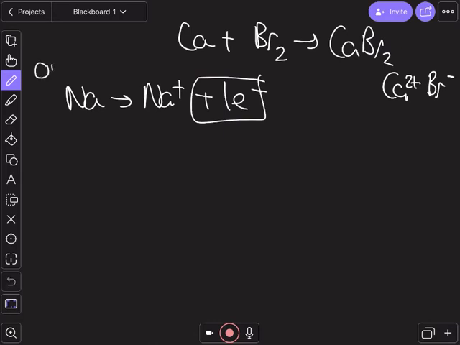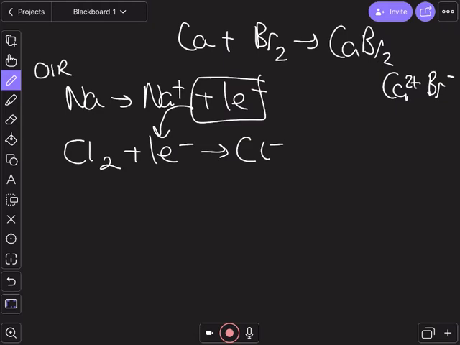So for oxidation, the electron always goes on the right hand side because it is now left over. So when the chlorine down here, we'll balance this up, Cl2 plus 1 e- goes to Cl-. Essentially this electron that's lost by sodium is going to be picked up by chlorine, but we don't write it as a subtraction.